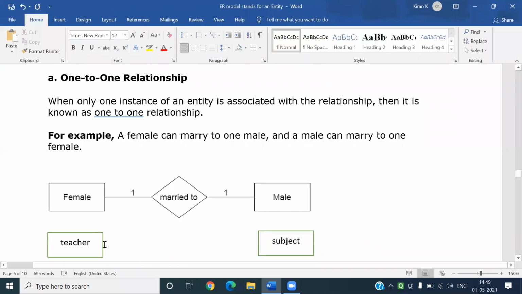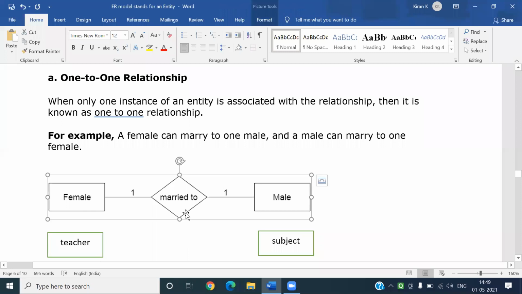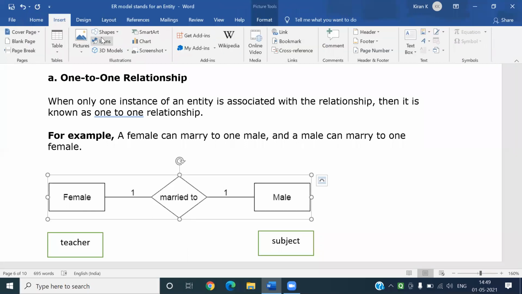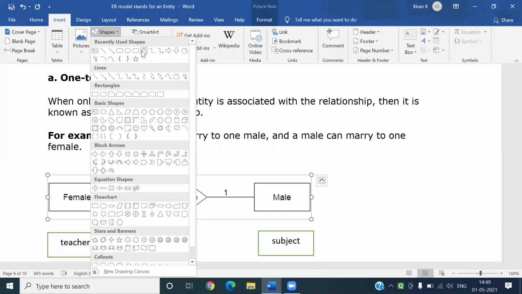So what is the relation between teacher and subject? Teacher teaches the subject.